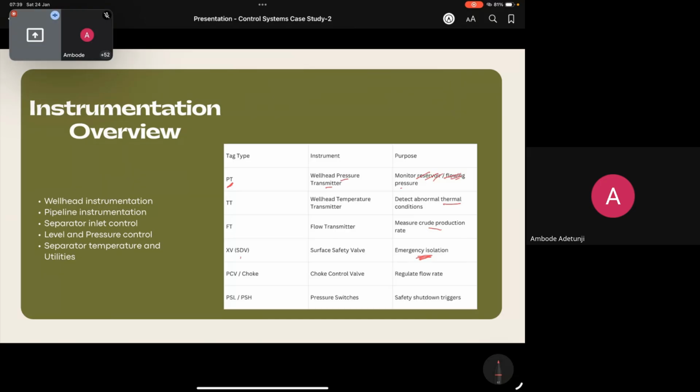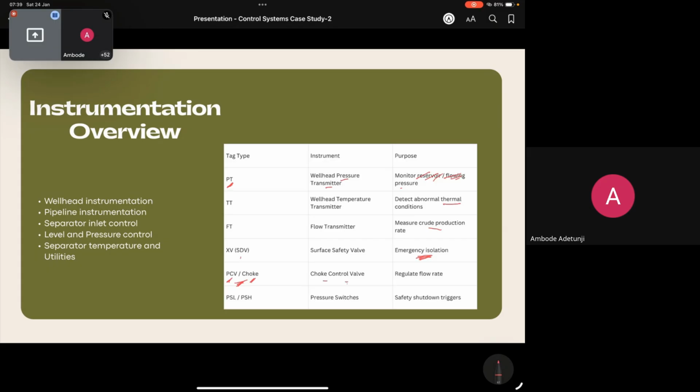Then we have the PCV. PCV and choke are actually two different things, but we use choke on the wellhead, PCV on the process, right? But for this purpose, let's treat them as the same.